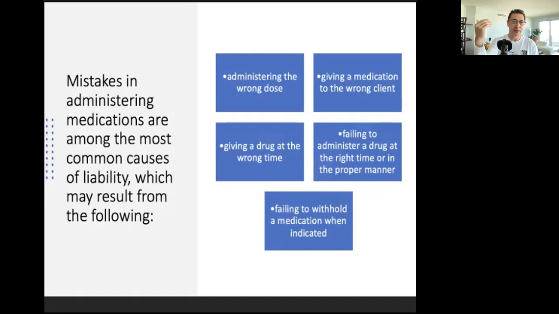When you make this mistake, you tell your charge nurse, your supervisor, the director, the CNO, whoever else is involved, and they're going to do an investigation. It's not about pointing fingers that Jorge screwed up, he should lose his license, let's take him to jail. No, it's not about that. It's about finding out whether there was something wrong with the process. Maybe the wrong medication was in the wrong bin. Maybe there are so many factors.